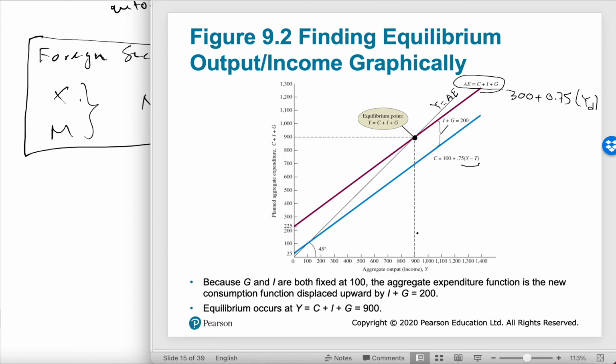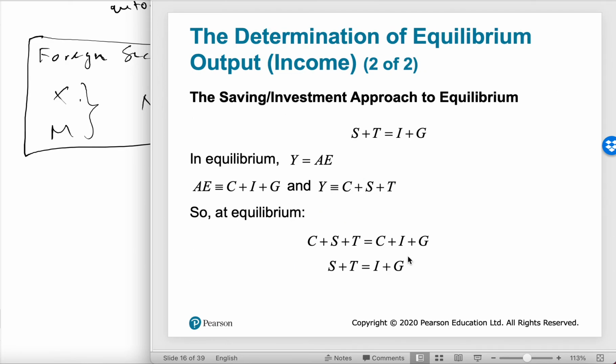How much would be the level of income? The level of income would be this much. So with the equation we can solve it also. This is the saving-investment approach, or injections-leakages approach, and that is also representing Y equal to aggregate expenditure.